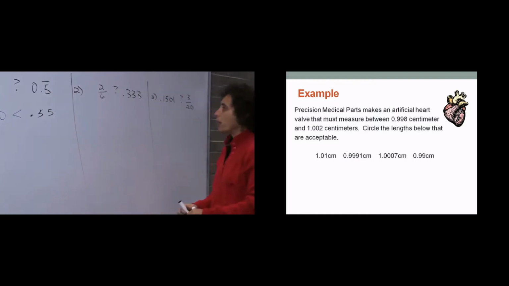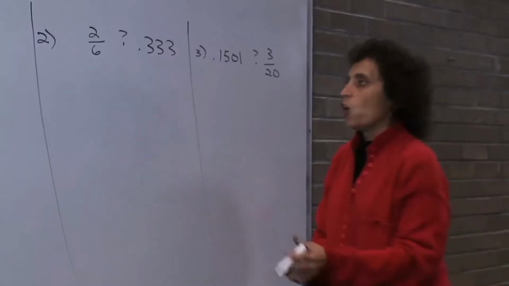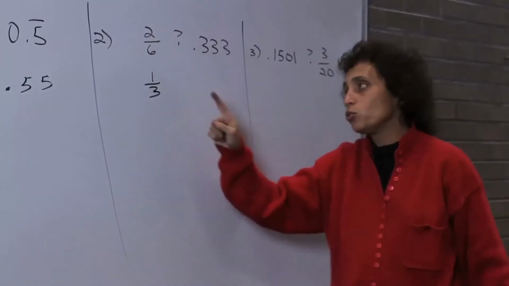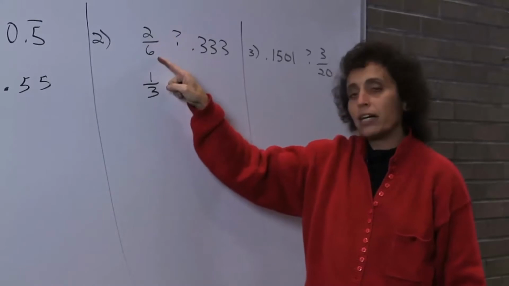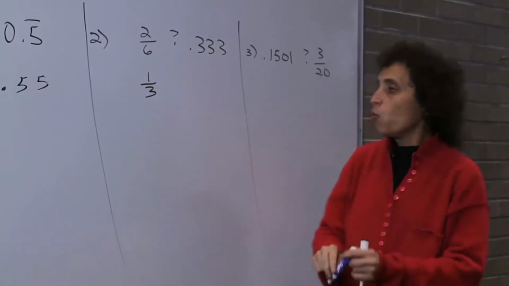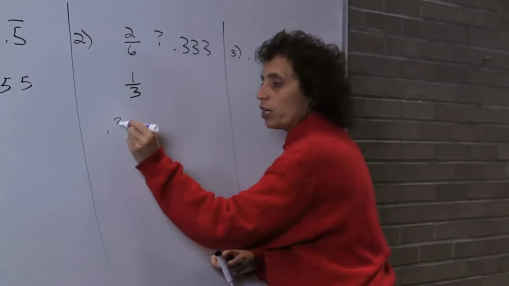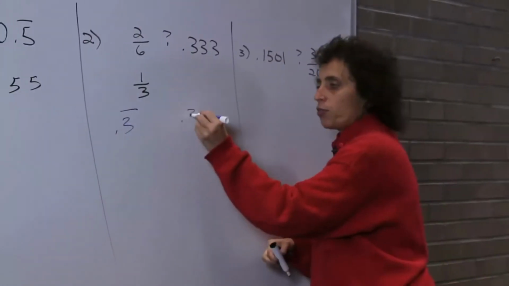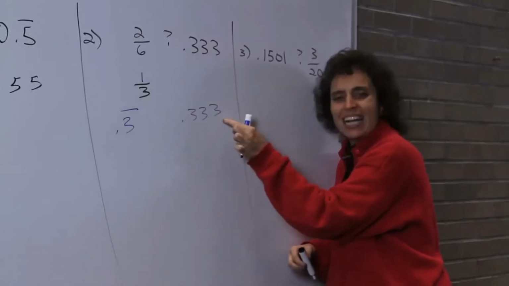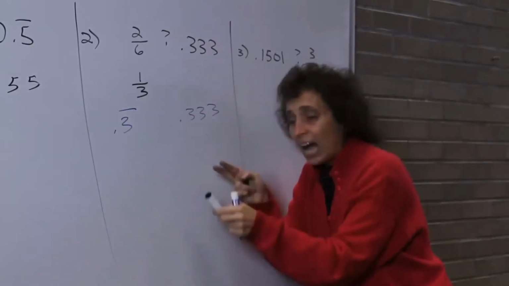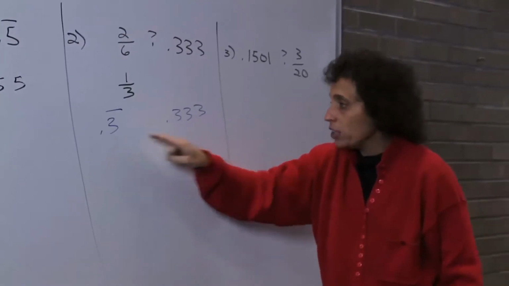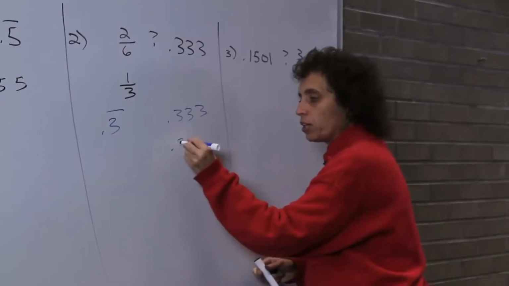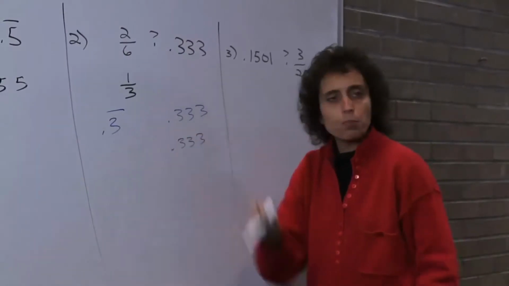Okay? All right. Let's think about this one. We've already done this one, because 2/6 is the same as 1/3. If I reduce this fraction, divide by 2, divide by 2, I get 1/3. 1/3, you remember, is 0.3 with the bar. And this is 0.333. This is a terminating decimal. I know it looks like they stuttered, but they stopped. Okay? This never, ever ends. There's no dot, dot, dot here, so this ends. So if this goes 3 places, guess how many places we're going to bring that to?